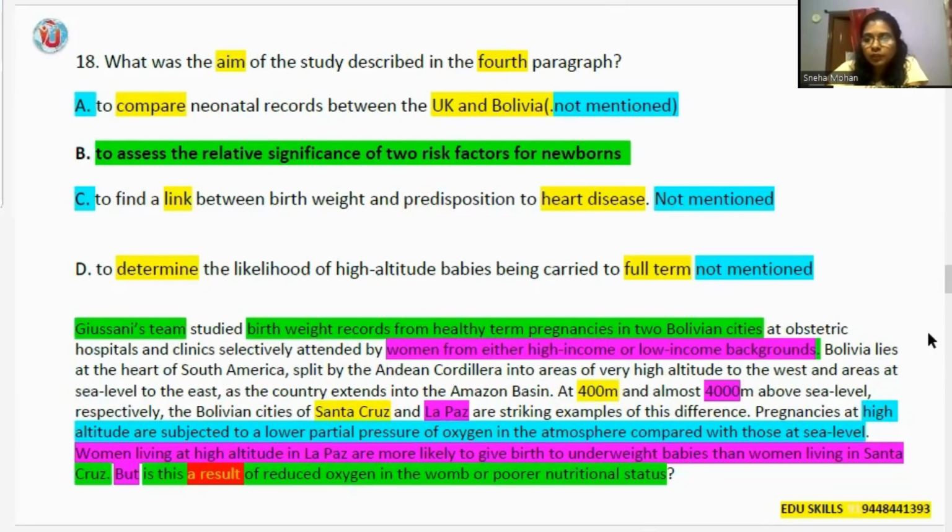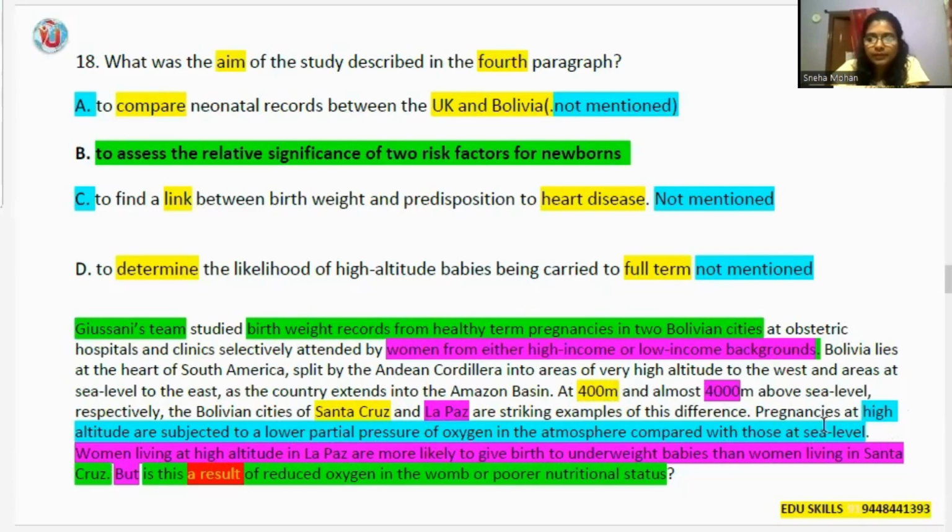And they're telling about the two cities of Bolivia, that is Santa Cruz and La Paz. So Santa Cruz is at low altitude and La Paz is at high altitude. And they've mentioned pregnancies at high altitude are subjected to a lower partial pressure of oxygen in the atmosphere compared to those at sea level.